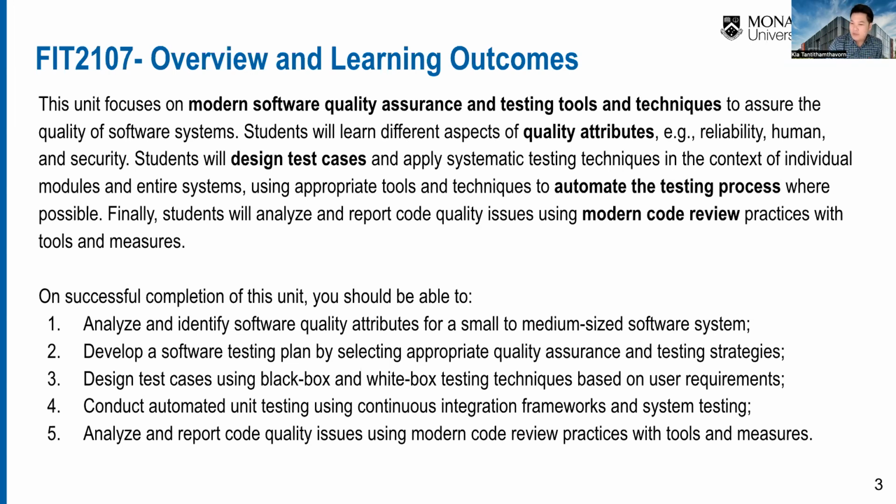This kind of techniques will help software engineers to assure whether the software system that we develop to the end users or the customers are of high quality or not. And because there are lots of tools and techniques, and there are different aspects of the quality attributes as well. For example, functionality, correctness, reliability, performance, human usability, security issues. So we will go through this kind of aspect together as well. All of these aspects are very important.